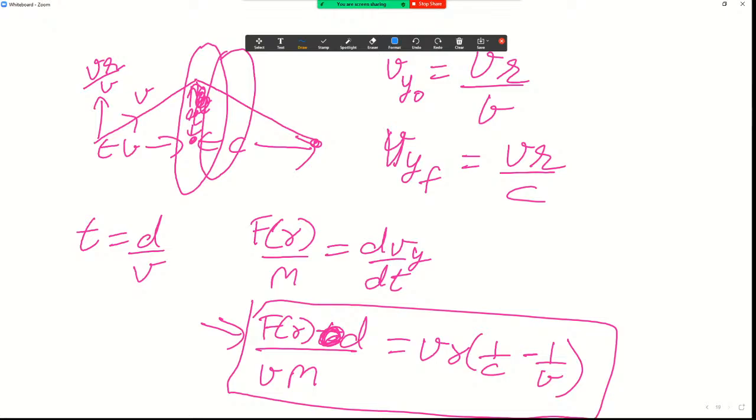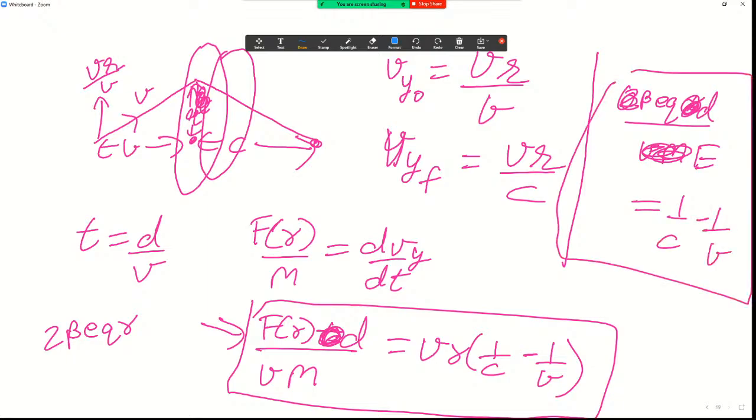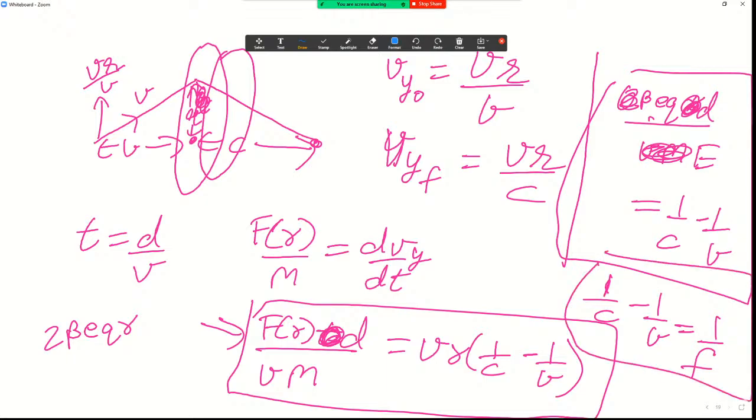Like 2 beta E Q R. So we have 2 beta E Q R T by V M, and this can be written as E, and R can be cancelled out, equals 1 by C minus 1 by B. And this was our focal length, so 1 by C minus 1 by B equals 1 by F, which is not the lens law.